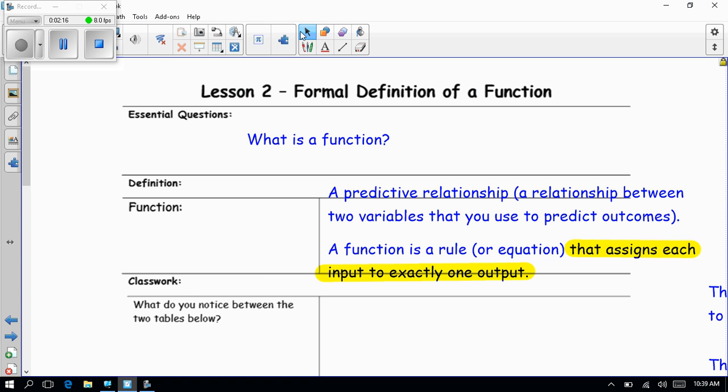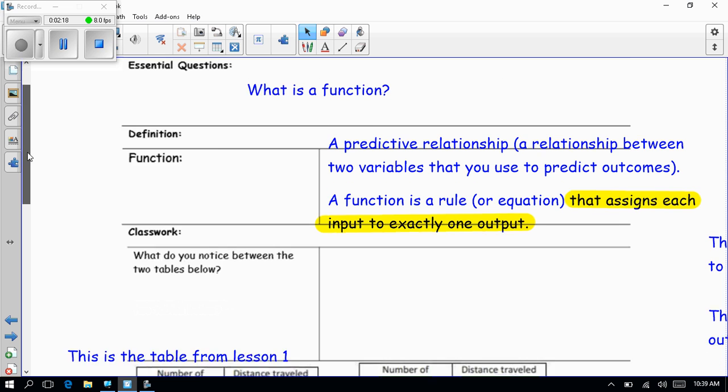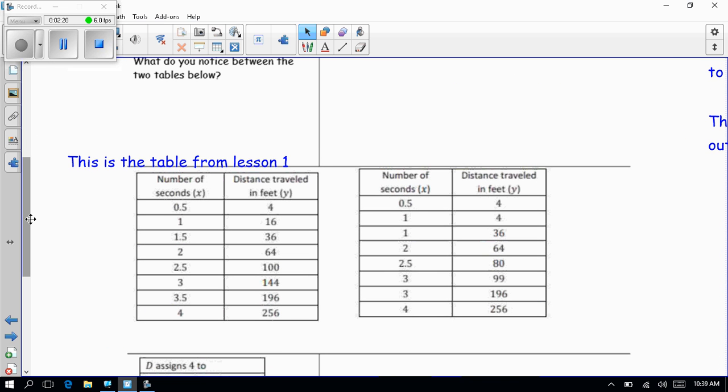So let's take a look at the tables that are below here. If you notice, the table on the left is the table from Lesson 1. This is the rock that's falling off the building. It's a non-linear relationship, but it is a function. The table on the right, take a look at that and see, does it meet the qualifications or the definition of what we said a function was?